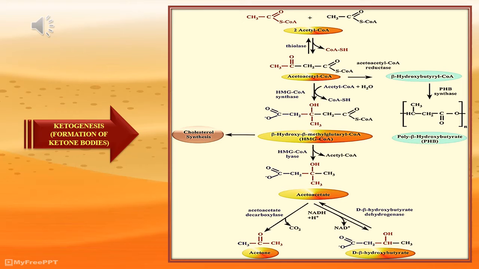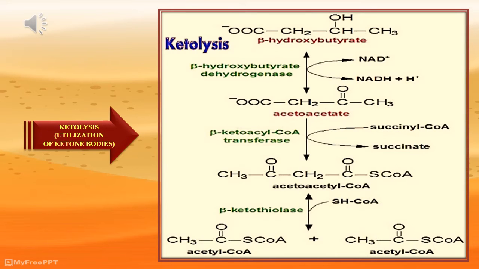As we have discussed, formation of ketone bodies from acetyl-CoA to acetoacetate, acetone and beta-hydroxybutyrate is the pathway of ketogenesis, whereas utilization of ketone bodies is called ketolysis. Here beta-hydroxybutyrate is converted to acetoacetate, then to acetoacetyl-CoA and to acetyl-CoA, and acetyl-CoA is reutilized for energy production through the Krebs cycle.